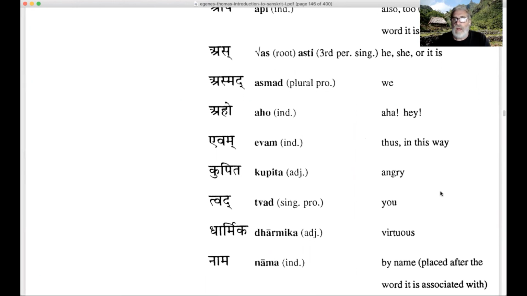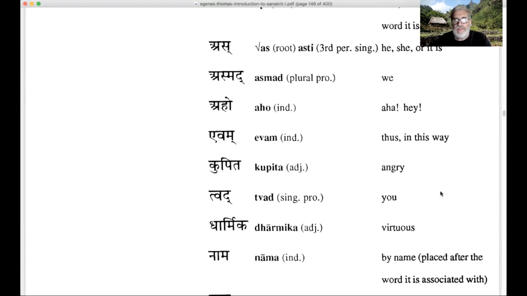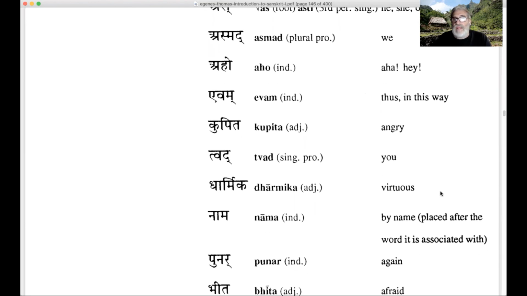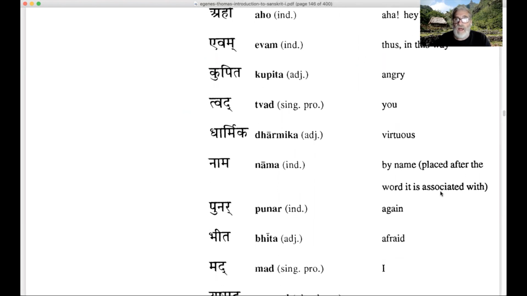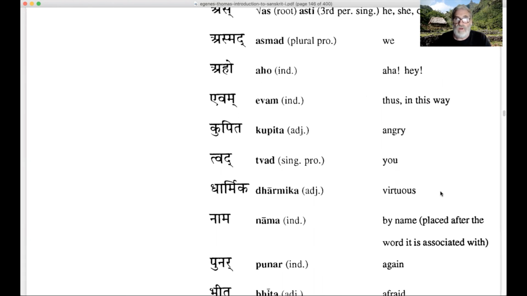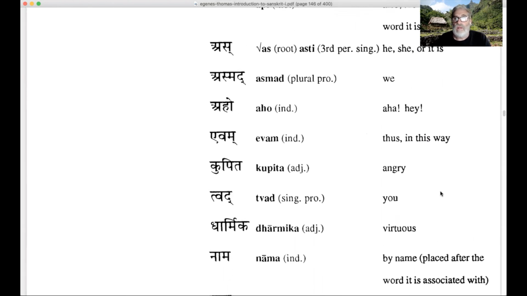Asmad, plural pronoun, we. Aho is an indeclinable, meaning hey, aha. Evam, an indeclinable, thus or in this way. Kupita is an adjective meaning angry. Tvad is a singular pronoun meaning you, second person pronoun, whereas asmad is a plural first person pronoun, we.